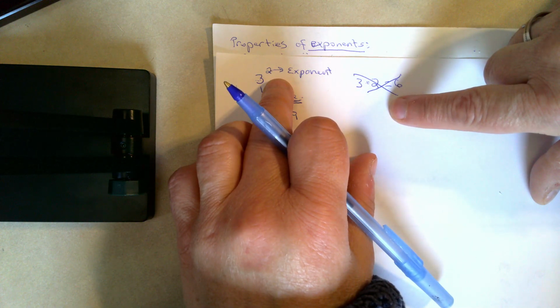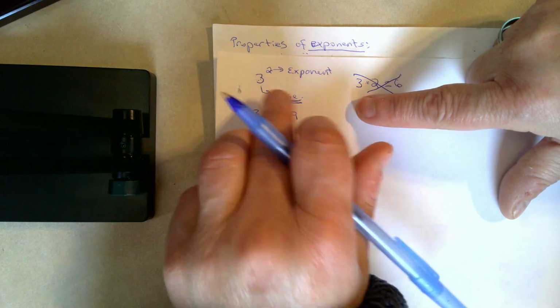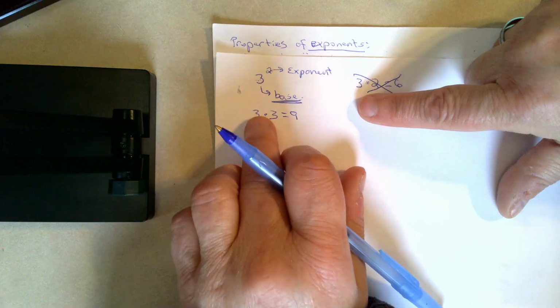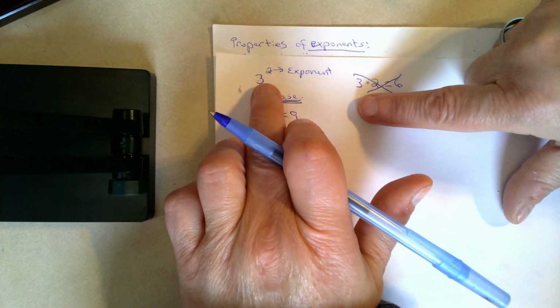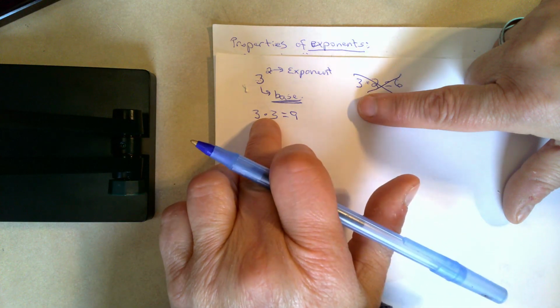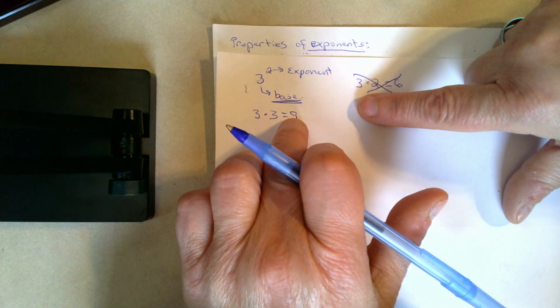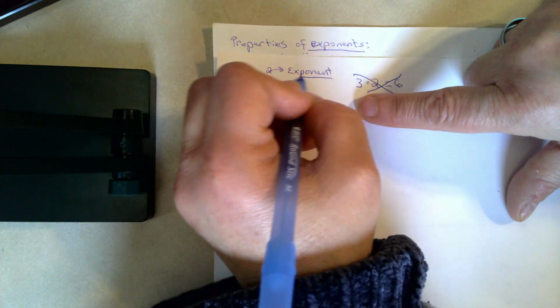But that is not the case. Even in this level of math, I see this a lot. What it really means is that I'm using this 3 two times in a multiplication problem. So 3 times 3 is 9. So remember this, base and exponent.